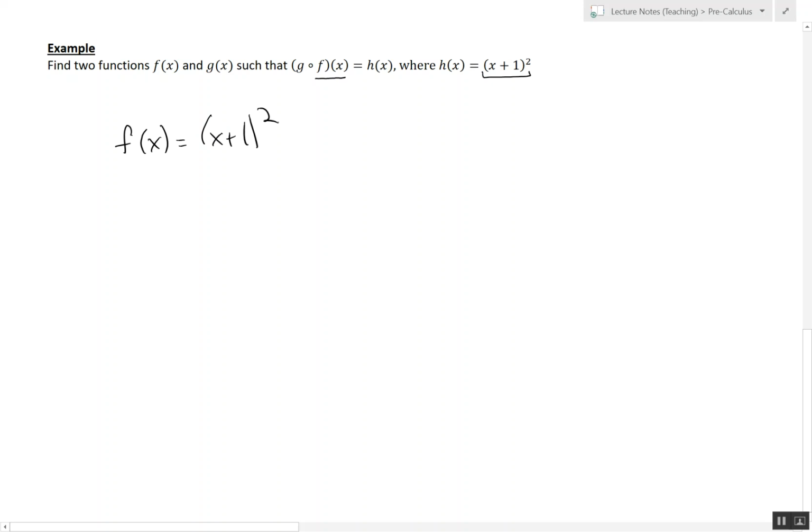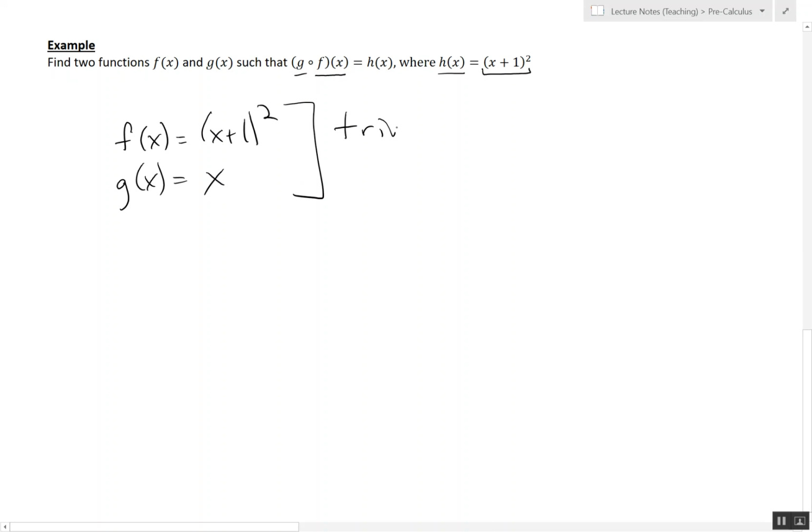But then notice that your g of x, which is your outer function, should be your transformed version of h of x. So g of x, so we took everything out, so we just replace it with x, and notice that we get the trivial solution, which we said we never want. So this is not a good choice. So what is the good choice?